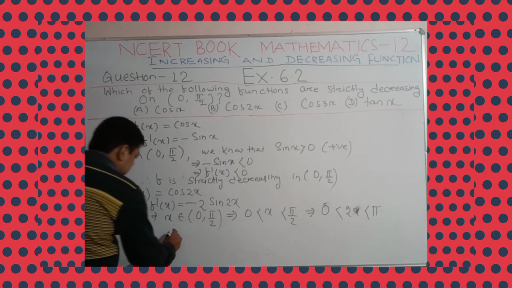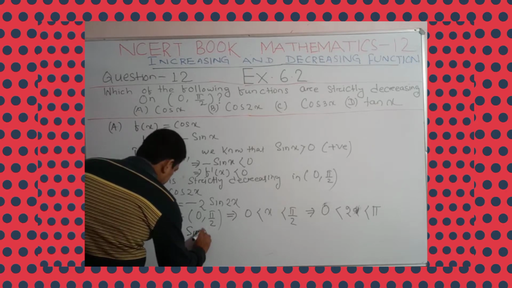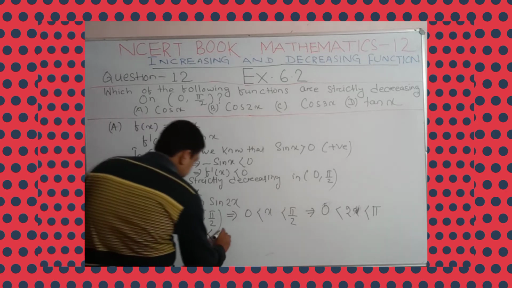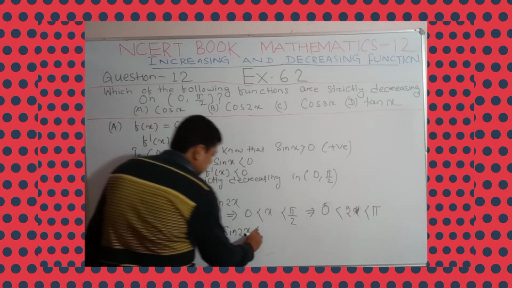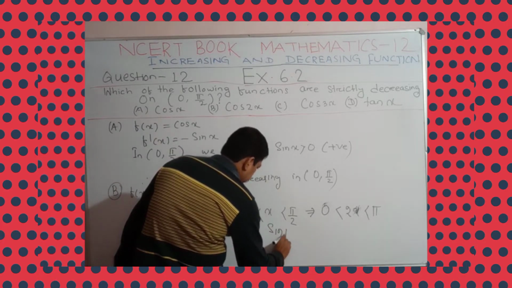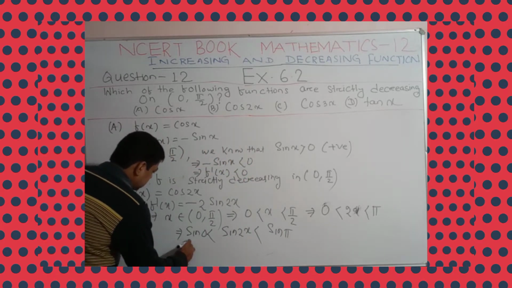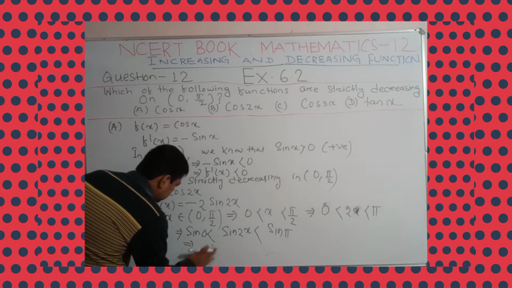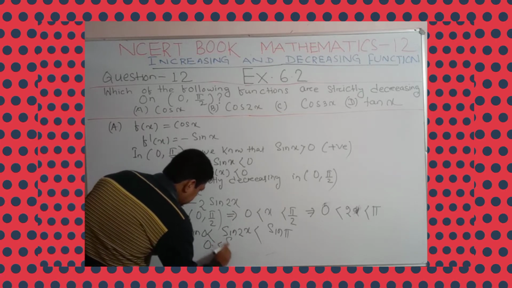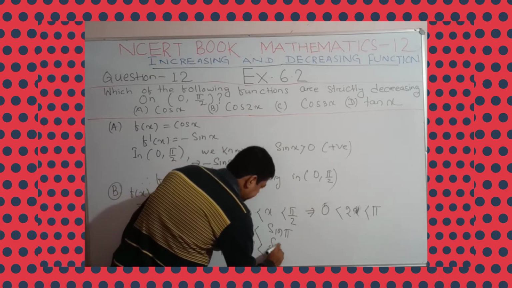That implies sin 0 is less than sin 2x is less than sin pi.